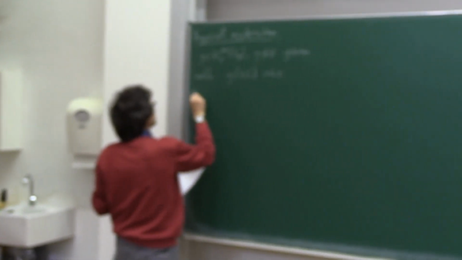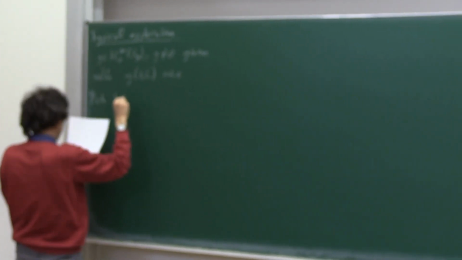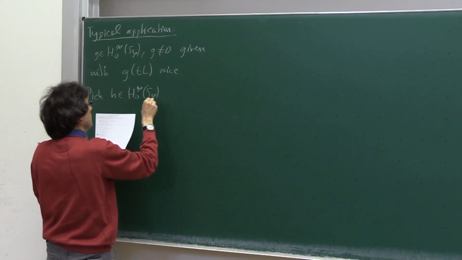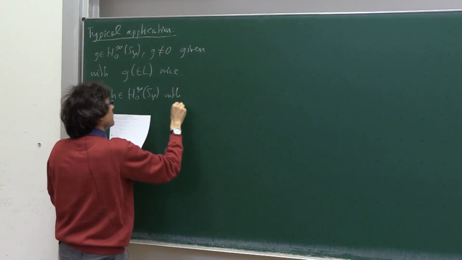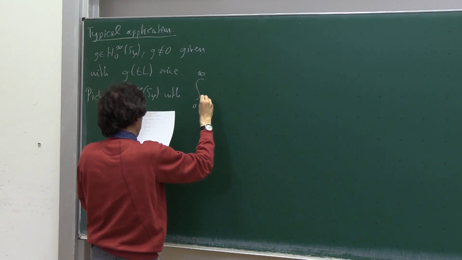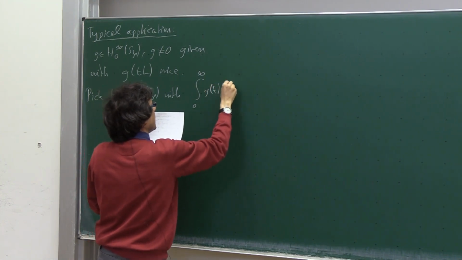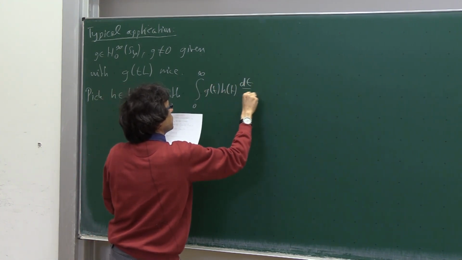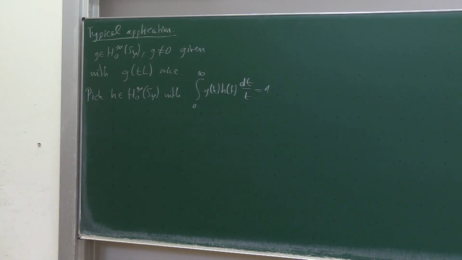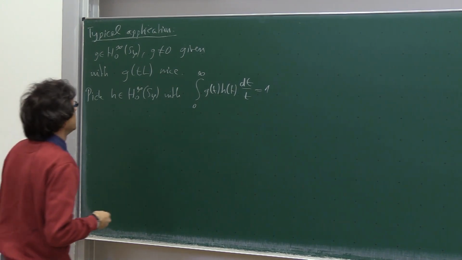What you then usually do is you pick some other function, some other nicely regularly decaying function h that somehow normalizes your g, so that the integral from 0 to infinity of g of t h of t dt over t is 1, so that you can then apply the Calderon reproducing formula to g times h, because this has the right normalization behavior.